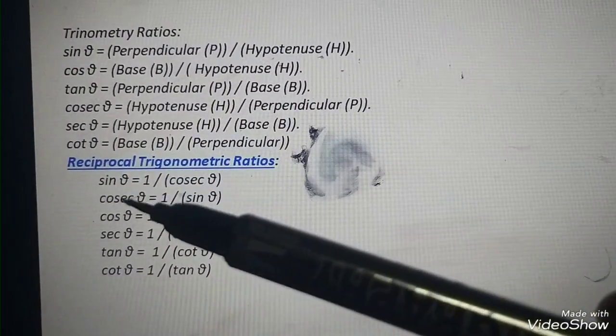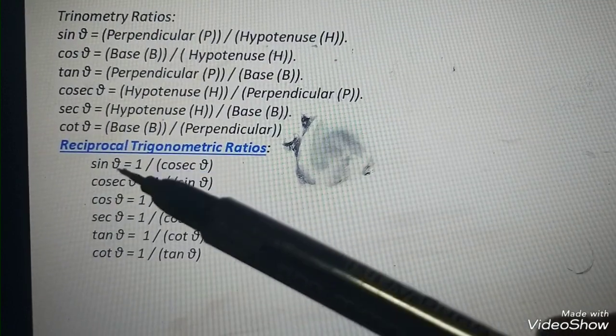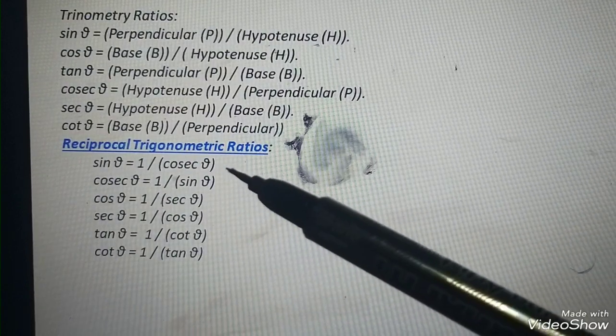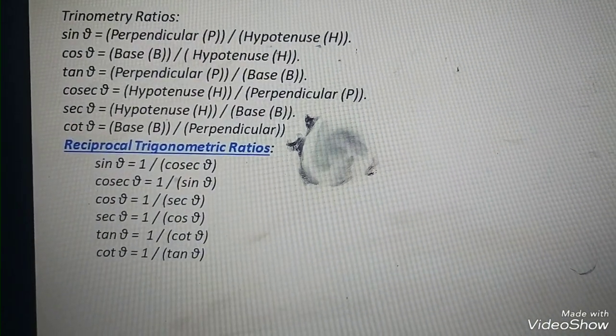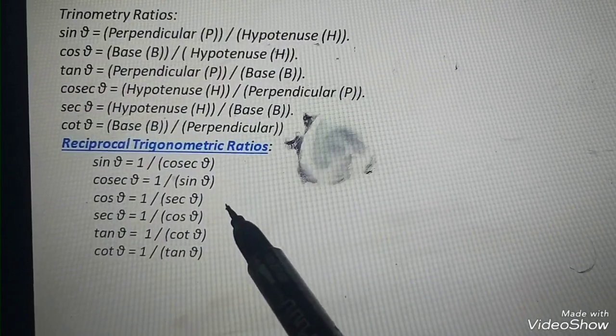Now reciprocal trigonometric ratios. We can use these in problems. We can write sin theta in the form of cosec theta, that is 1 by cosec theta, and cosec theta can be written as 1 by sin theta.